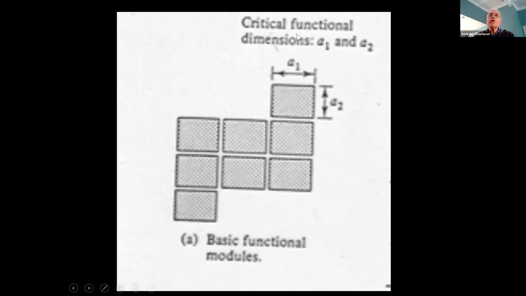So you start with your critical functional dimensions. Like each of these could be, for example, 3 or 4 car parks or 2 or 3 bedrooms in a hotel. And then between these critical functional dimensions, that is where you will place your vertical structure. So your columns will be placed outside the functional modules.